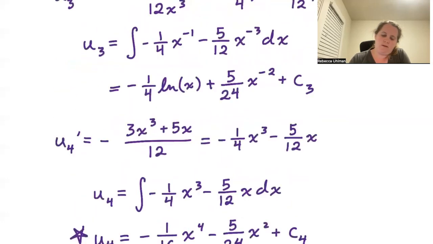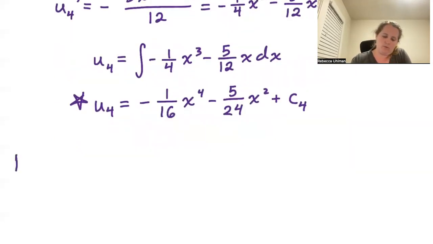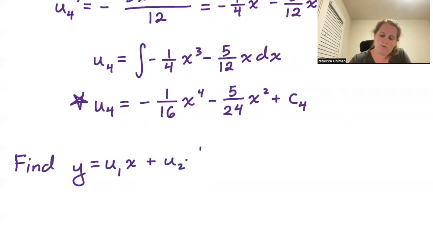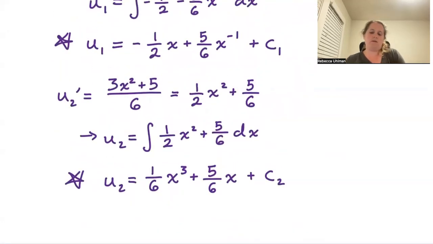So at this point, we have all of our u's. So we can put this together to form y. So now we will find y, which was equal to u1 times x plus u2 times 1/x plus u3 times x squared plus u4 times 1/x squared. So we need to plug all of these in. Our u1 was negative 1/2 x plus 5/6 x to the negative 1 plus c1.